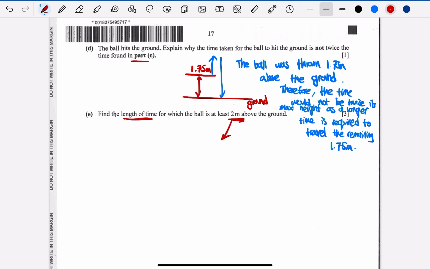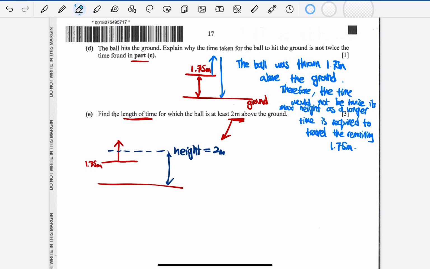This basically just means that when the ball is being thrown, this is 1.75, this is the ground level, there is a point in time where the height of the ball is 2 meters with respect to the ground, because the ball will travel upwards, then eventually it will drop back down. Within this time span of traveling upwards all the way to here is when the ball is at least 2 meters above the ground.